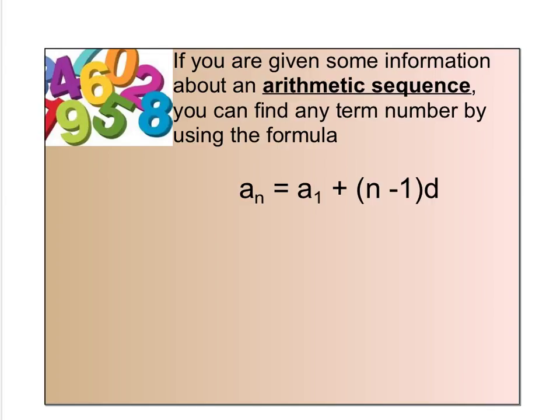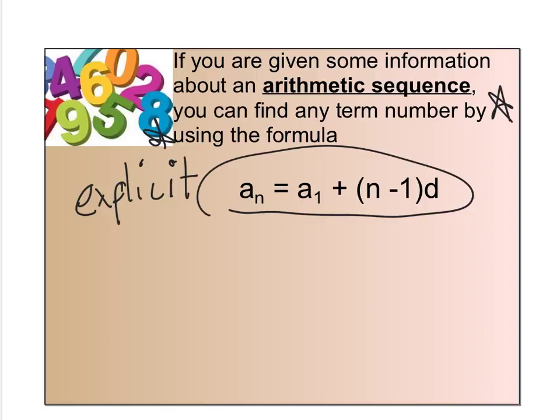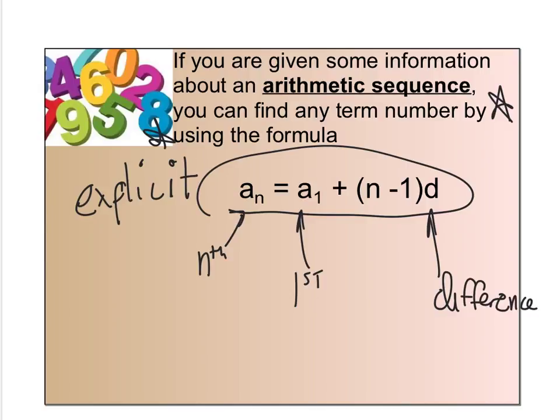If you're given some information about an arithmetic sequence, you can find any term in that sequence using this formula. This is called the explicit formula. For the nth term, which is what you're looking for, I take the first term and add my common difference multiplied by n minus 1.